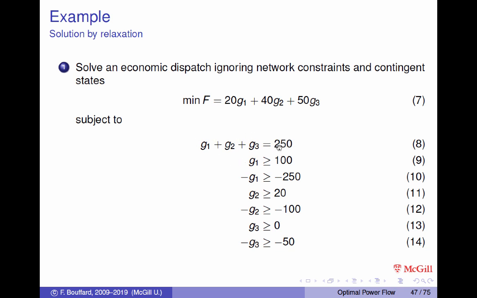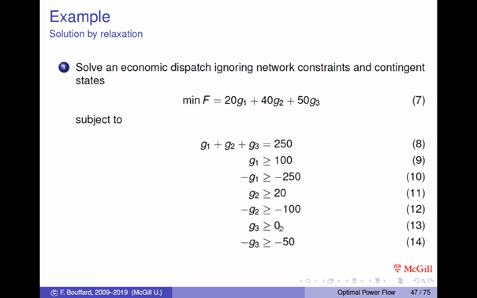So if we maximize, trying to meet the power balance of 250, G1 needs to be above 100 and below 250. So G1 should be maximized, so I will increase G1 to the maximum possible, which is 250, which is equal to the demand. However, if we keep going down, we see that G2 has to be greater than or equal to 20, while G3 has to be greater than or equal to 0.